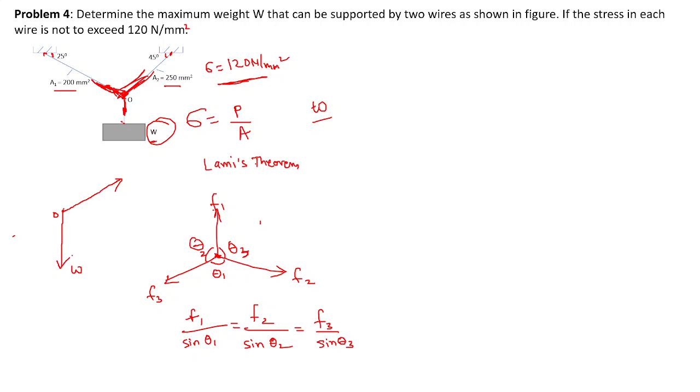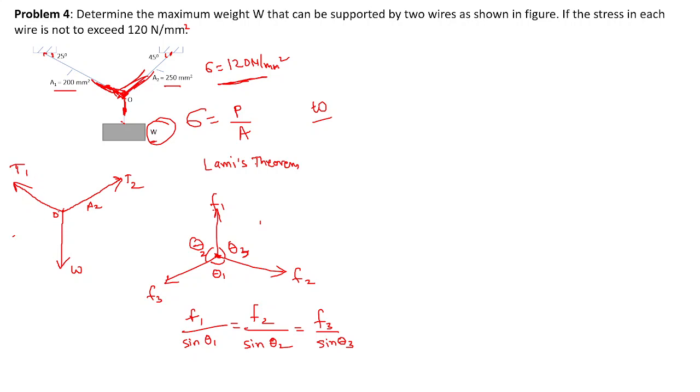We don't know W, and we also don't know this force. Area 2 is given, so we can name it A2, and this also goes in tension, so we name it T1. T1 is the tension in wire 1.